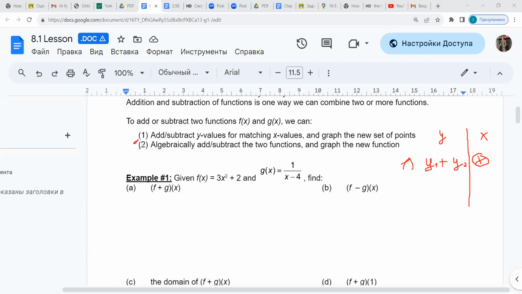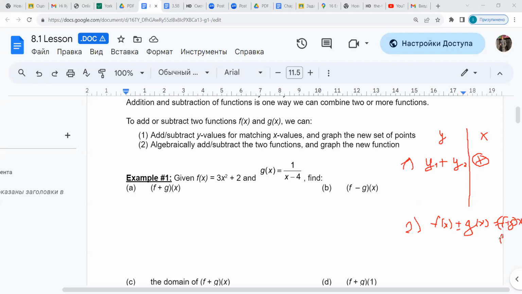The second algebraic approach is more interesting as for me. In this case, let's say we have two functions, f of x and g of x. And algebraically, we're going to add or subtract these two functions, which would give us the new result. If we add them, we're going to get f plus g of x.